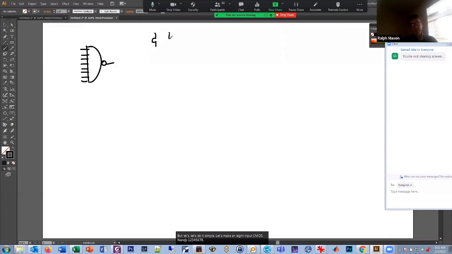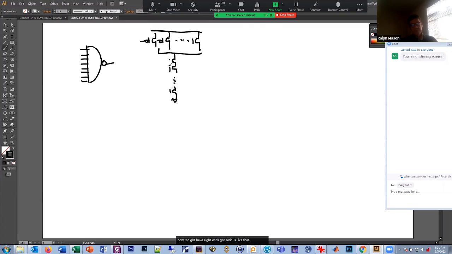We'd have all the 8 P's in parallel, right? And I'd have 8 N's in series like that. And we'd have 8 P, 8 N, we'd have 16 transistors. That's our 8-input CMOS NAND gate.